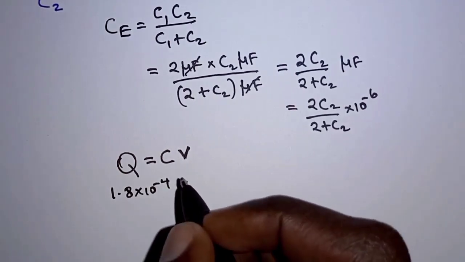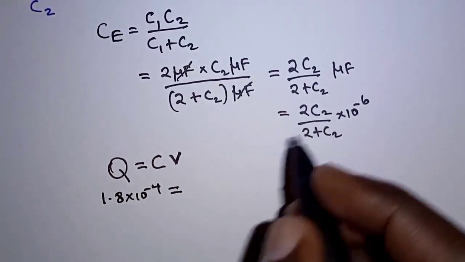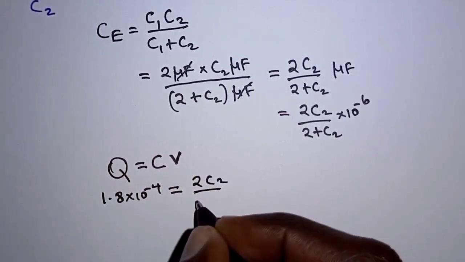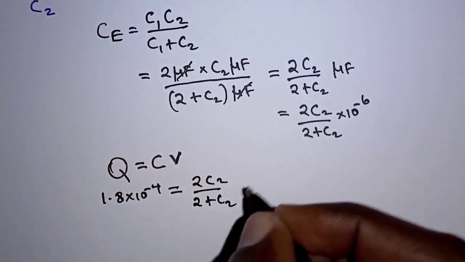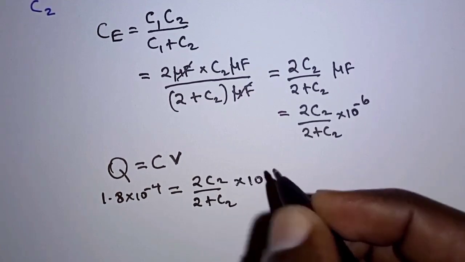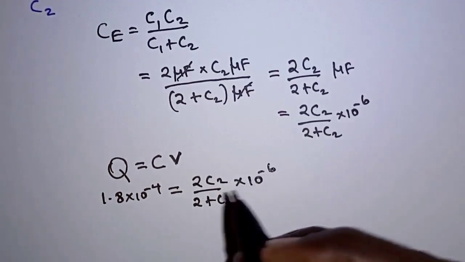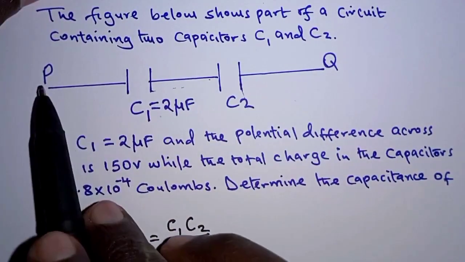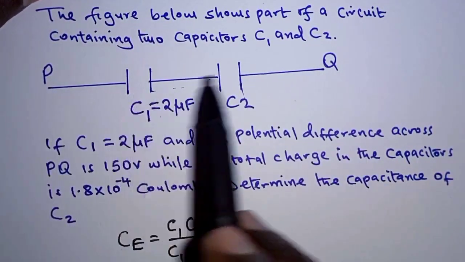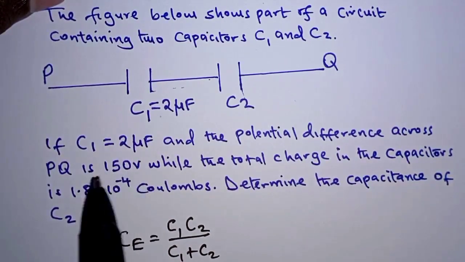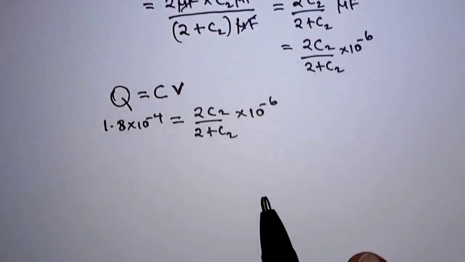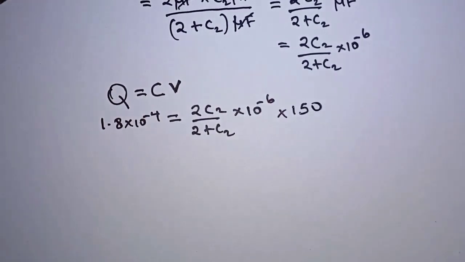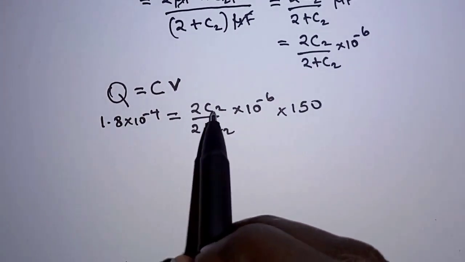That should be equal to the total capacitance, that is twice C2 over 2 plus C2 times 10 power negative 6, and then we multiply by the voltage across PQ. So voltage across PQ is the voltage across the two capacitors, so we have it as 150 volts. So times 150. From this equation we can determine C2.